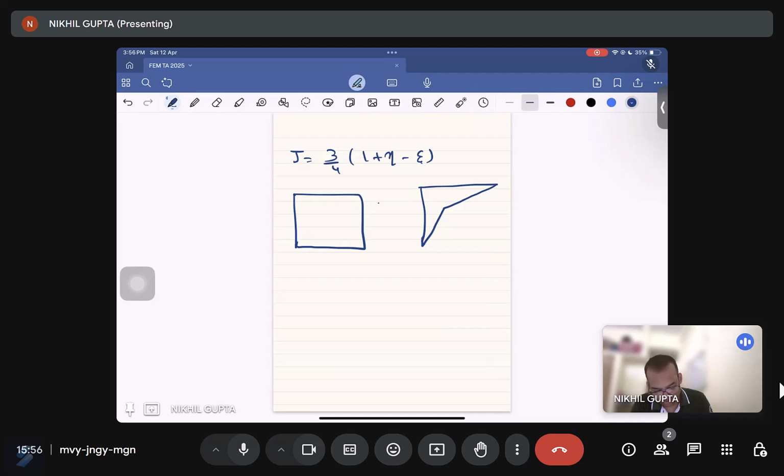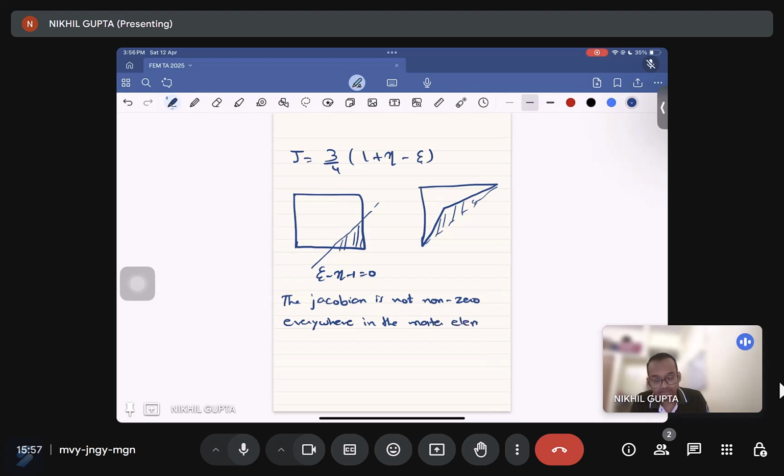Now what you observe, you have this and you have this, the master element. Now if you see, you will draw this line which is xi minus neta minus 1 equals 0. You will get here negative. So this is the same part of this. So the Jacobian is not non-zero everywhere in the master element.